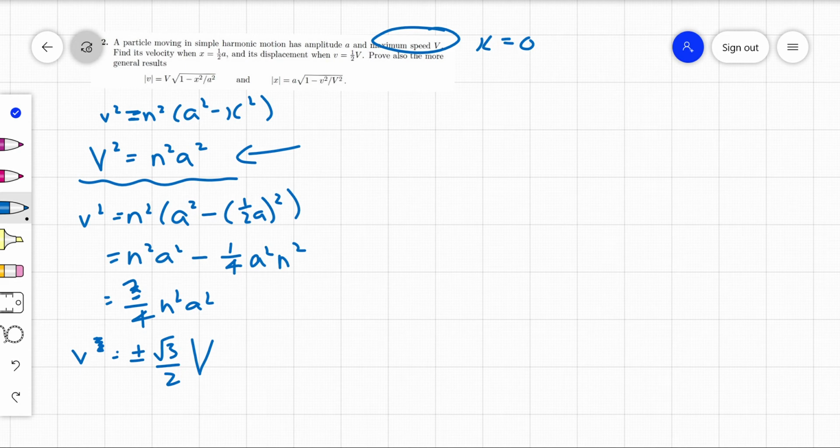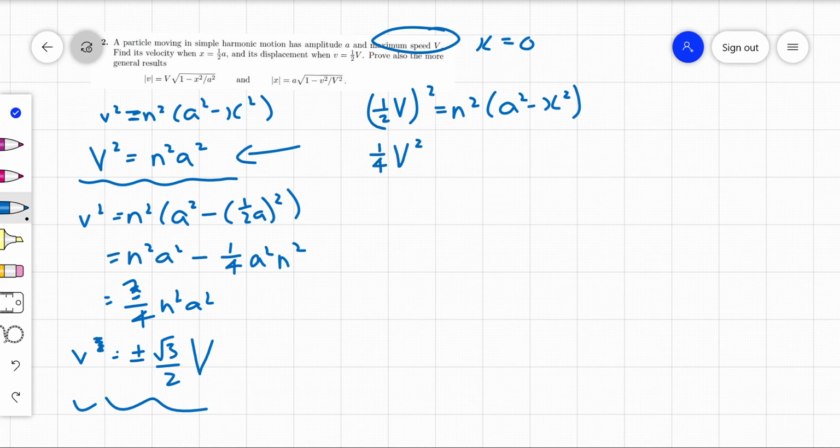All right, so what about its displacement? This time we want x to be the subject when v is half V. So let's make it half of the V. We've got n squared a squared minus x squared, and we're looking for x squared. So here I've got a quarter big V squared, and big V squared is just n squared a squared.